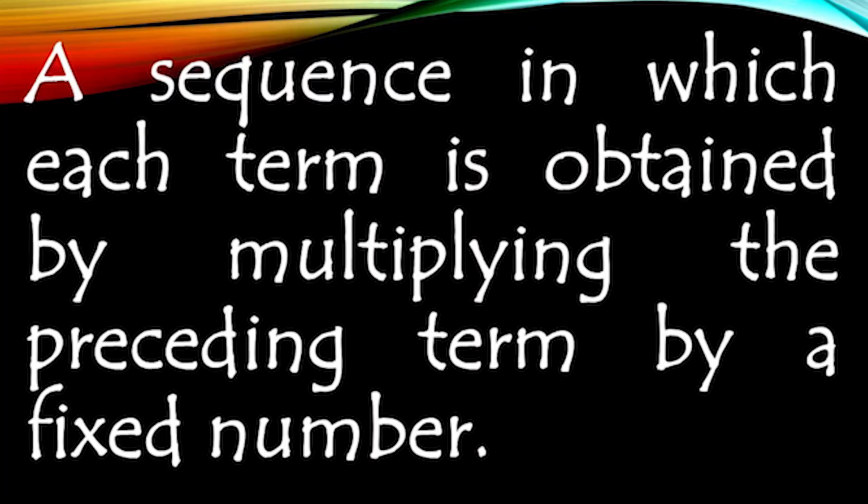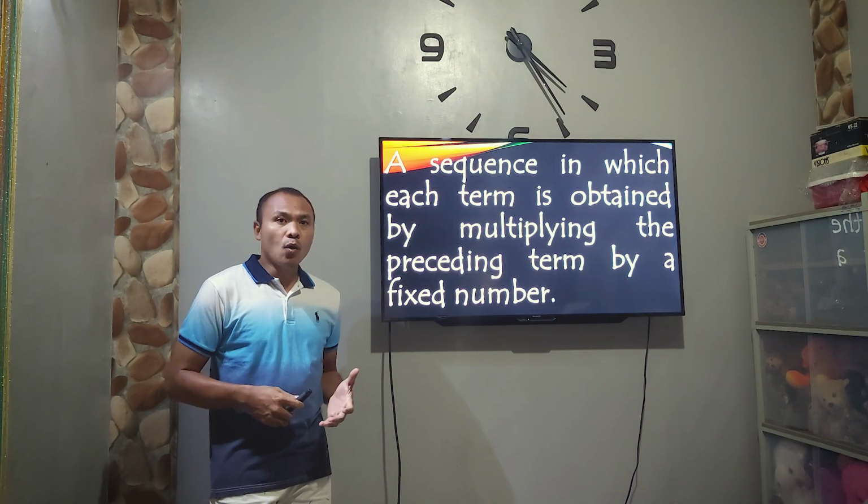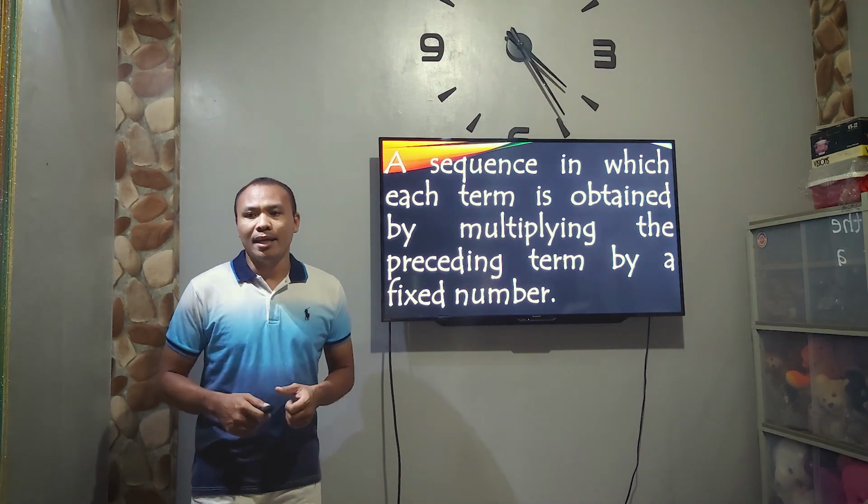Of course, a geometric sequence is a sequence in which each term is obtained by multiplying the preceding term by a fixed number. So, as we go on, you will know what is geometric sequence, especially when giving examples.